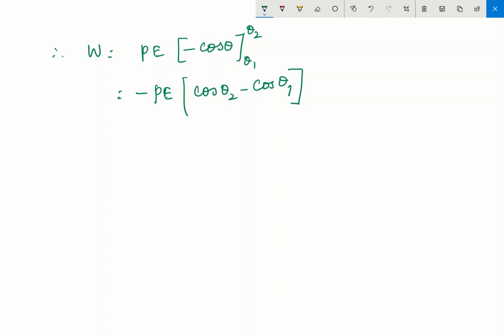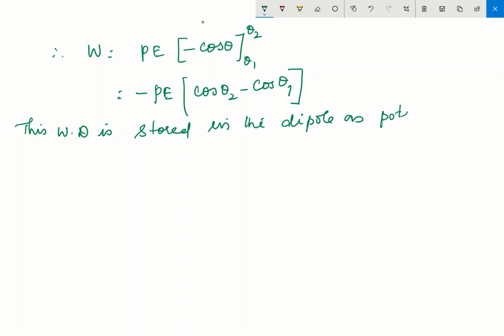And this work done is stored in the dipole as potential energy. Are you following? This work done is stored in the dipole as potential energy.